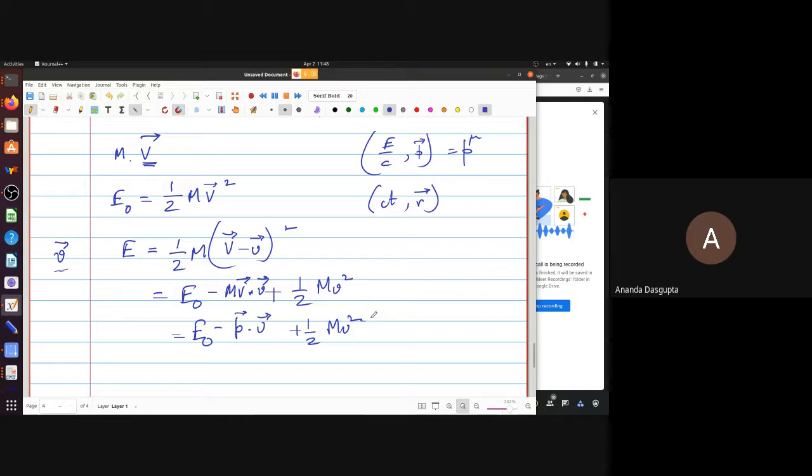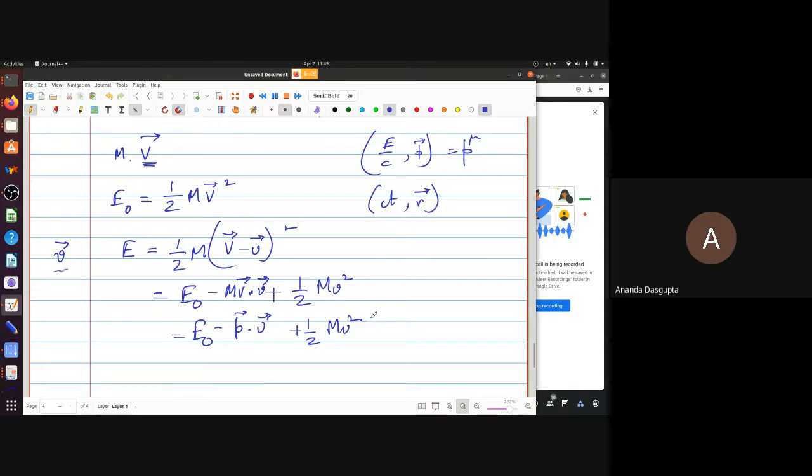Okay? Yes, sir. This is how energy transforms. If energy is E0 in one frame, in another frame moving with a velocity v with respect to that, the energy will become E0 plus half m v squared minus p dot v, where p is the momentum in the original frame. Okay?